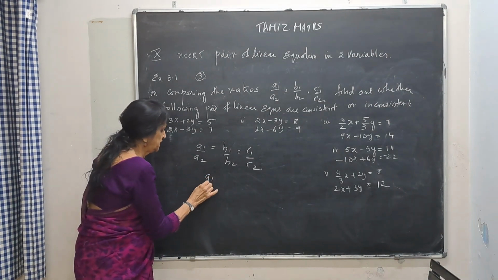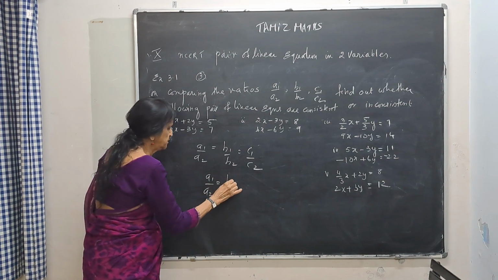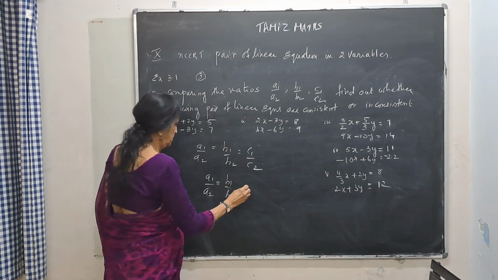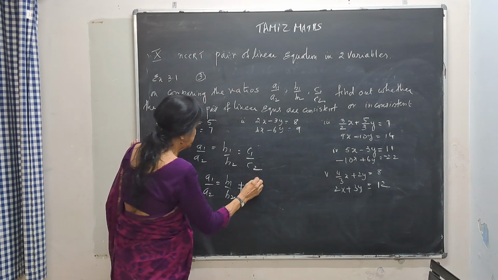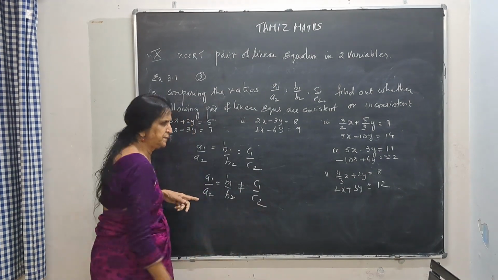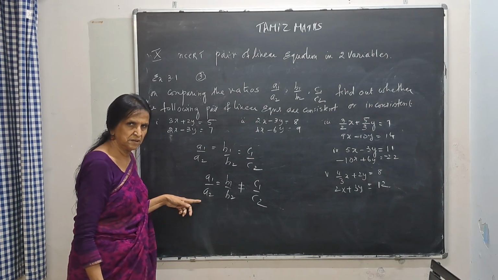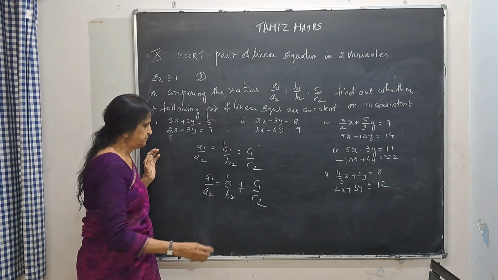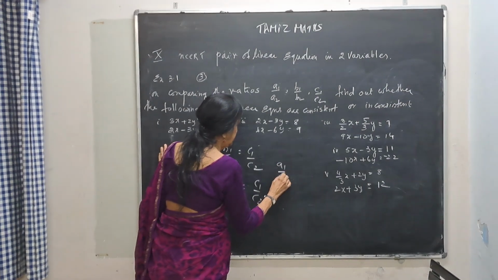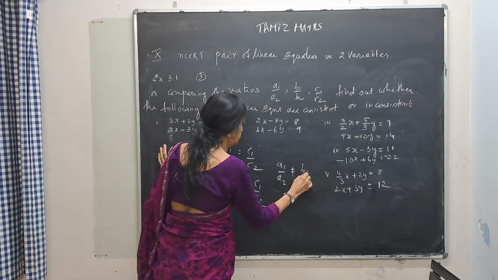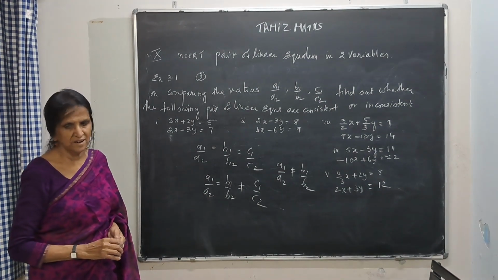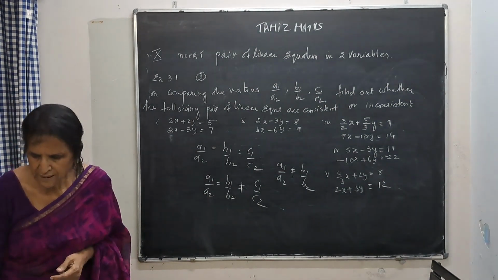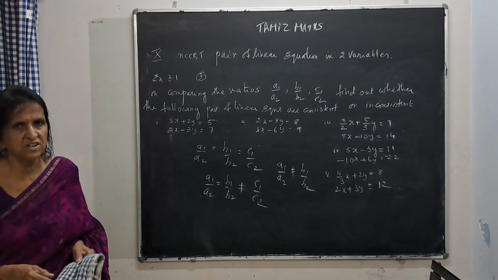If A1 by A2 is equal to B1 by B2 and this is not equal to C1 by C2, then it will be inconsistent. They will be parallel. They won't be meeting at all. If A1 by A2 is not equal to B1 by B2, then it will be consistent with a unique solution. I hope you understand. I have explained this in the previous videos.